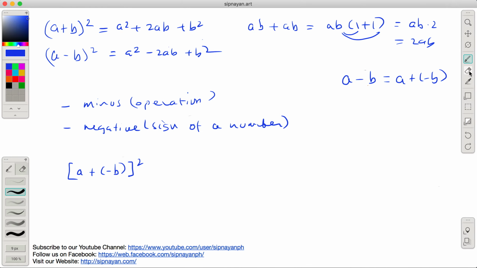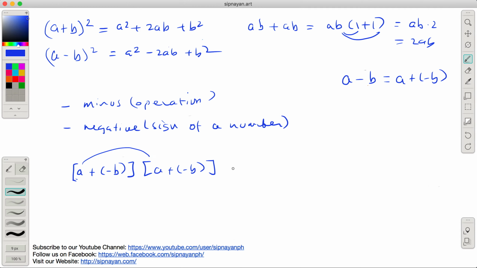So, paano yun? Pwede nating ulitin yung kanina. Applicable to, no? Pag nag-multiply kayo ng polynomials. So, A plus negative B times A plus negative B. O, ito alam natin, di ba?